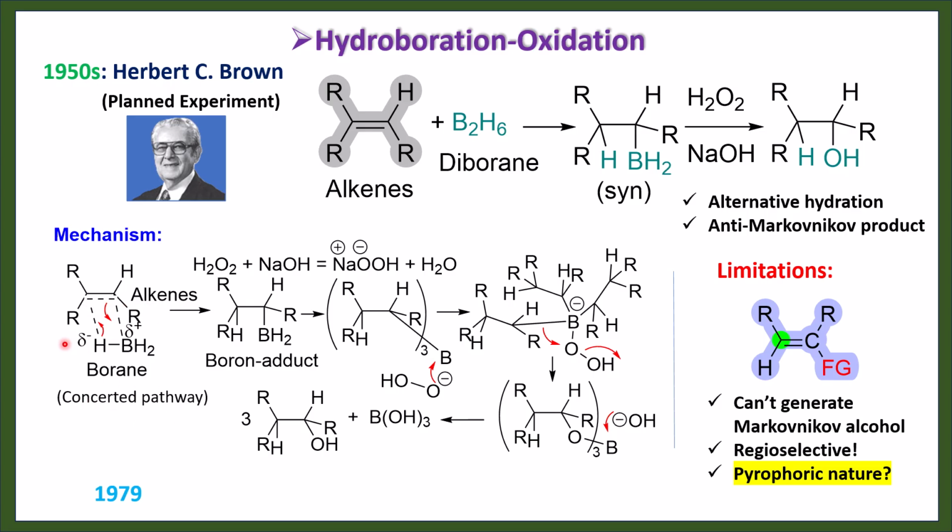The delta negative part attaches to the more substituted double bond carbon, and then the boron adduct forms, and further this boron adduct, having hydrogen, again reacts with an alkene. The trialkylborane forms finally, and this trialkylborane again undergoes oxidation with the hydroperoxide anion. We can see that the oxygen attacks here and gives a negatively charged boron, and as boron is negative, an alkyl group shifts to the oxygen and hydroxide leaves.